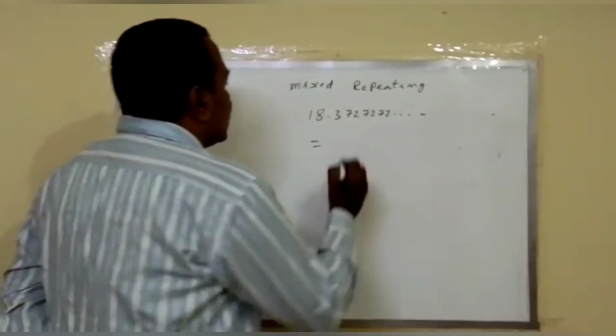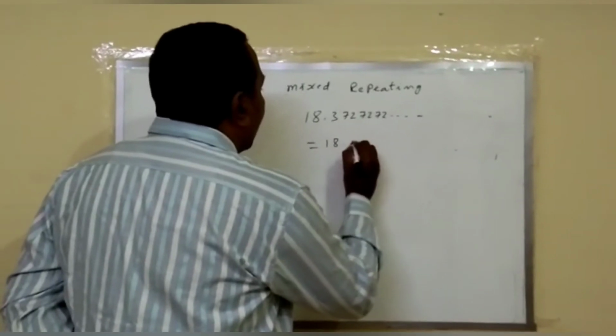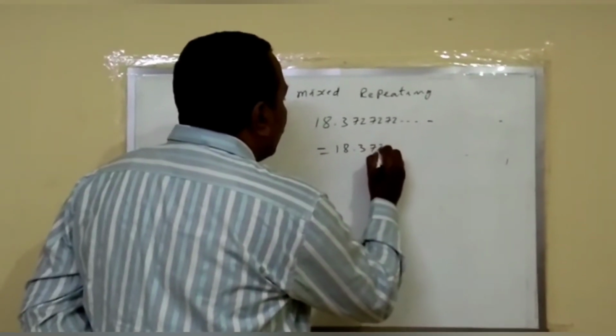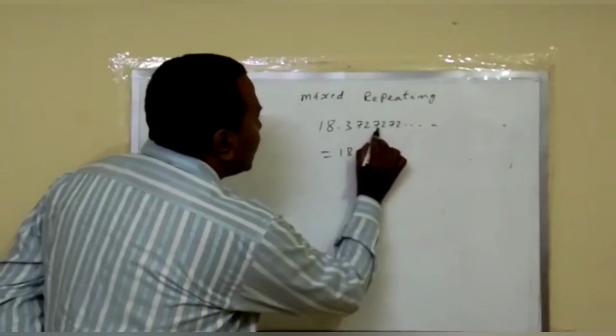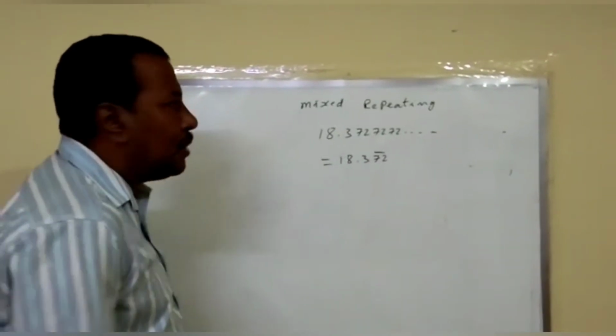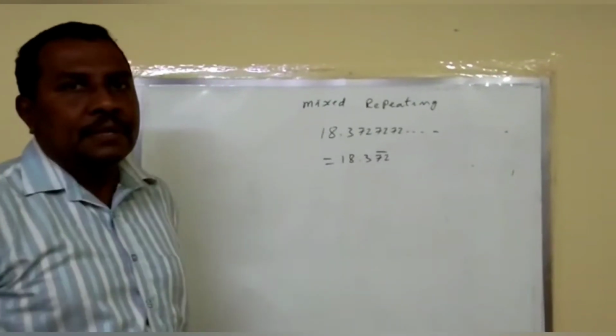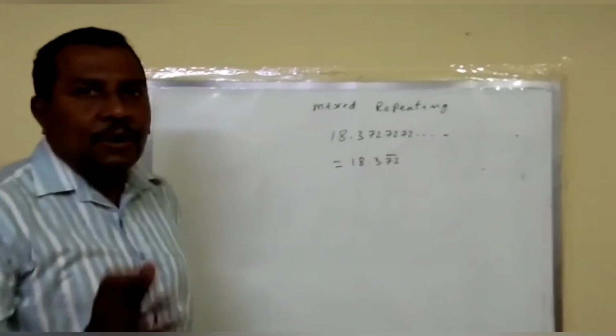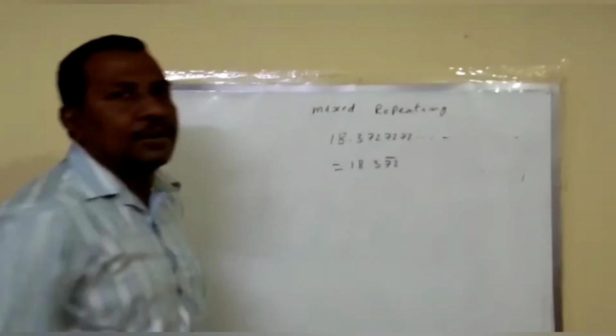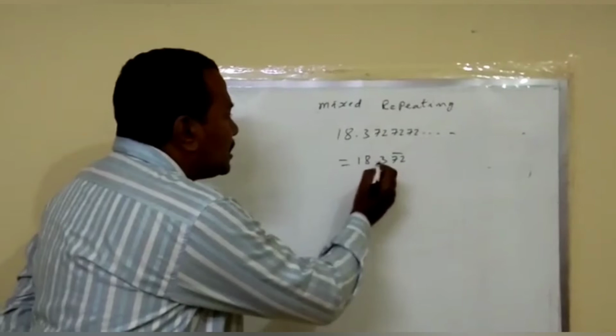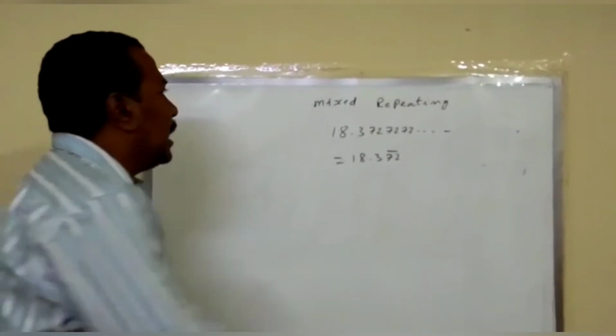How can you write this in short form? 18.372 bar, where the bar is over 72, because 72 is repeating continuously. So I can't put a bar over 3. 3 is free, 3 is not repeated, only 72 is repeated continuously. So this type of decimal is called mixed repeating.